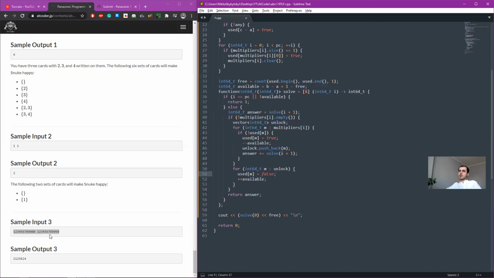Now, legitimately here, the range is 50 and the answer is like 2 million. If we go to every correct branch and we don't go to many wrong branches, then we're just fine.